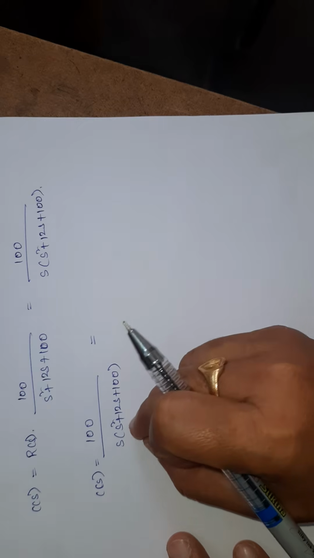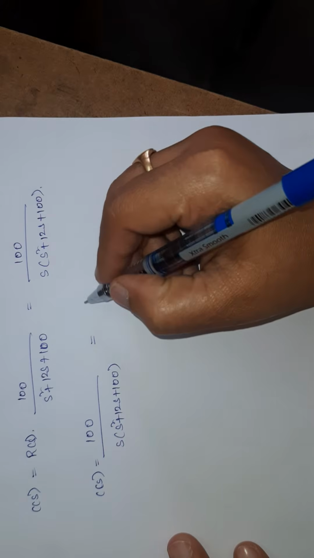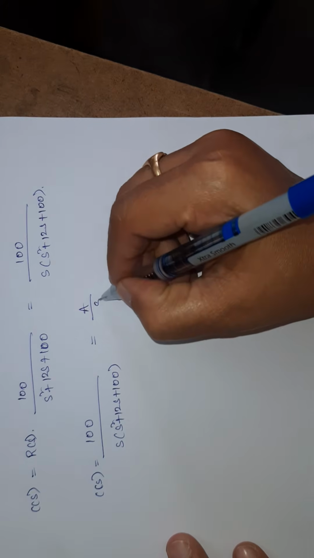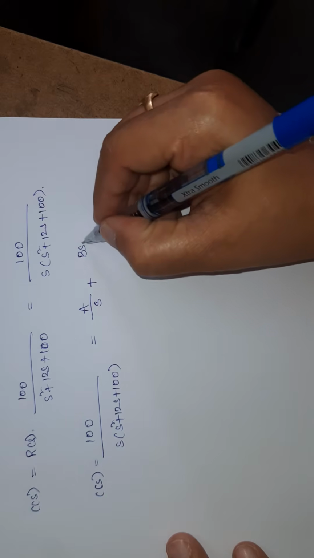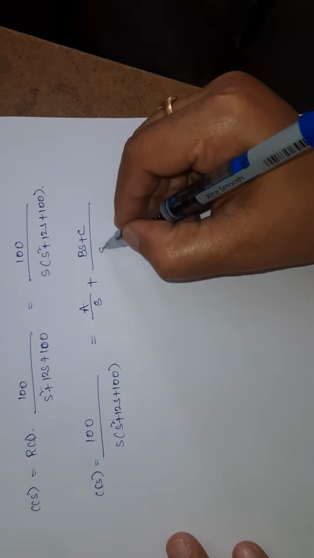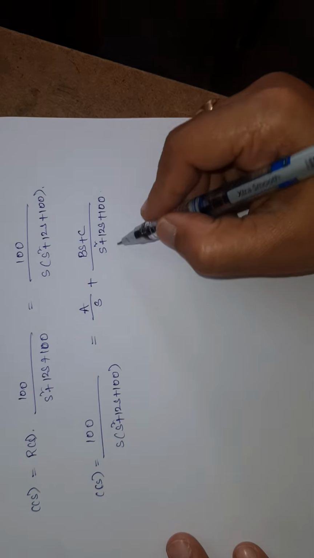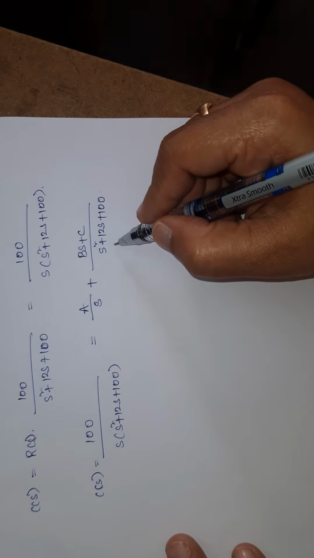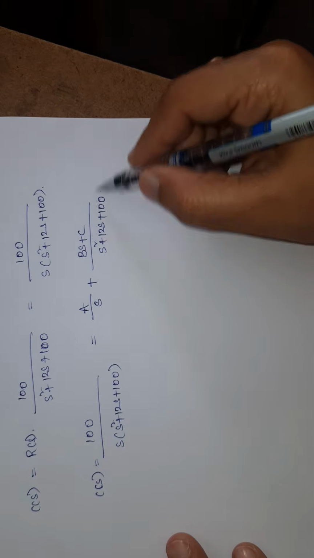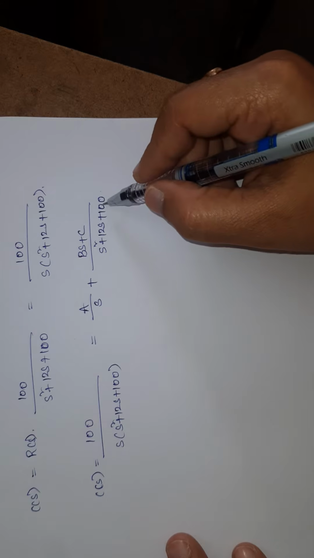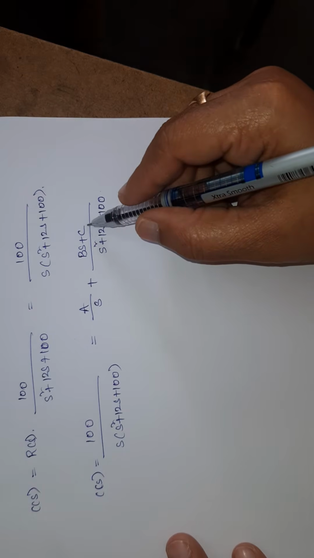So we consider the fractions like this: a by s, plus bs plus c by s square plus 12s plus 100. If I got the roots like s plus a into s plus b, I could write b by s plus a plus c by s plus b, but I am not getting the roots. So we have to consider the bs plus c form like this.